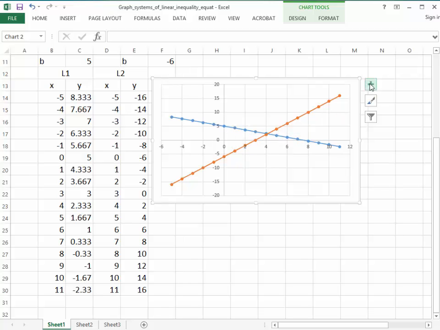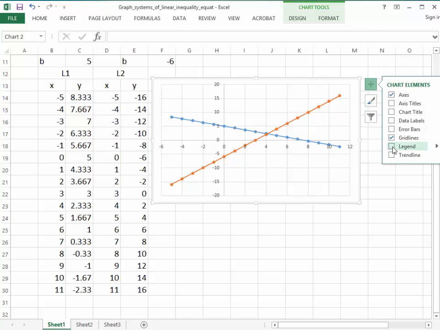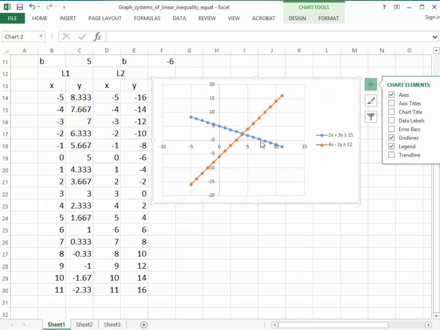Looking at the orange line, and let's put that there, we see the legend. The 4x minus 2y, again, we go to the inequality equation that has to be greater than, and the point 0, 0 is not greater than 12. So we see that it's this particular region that will be greater than or equal to 12.